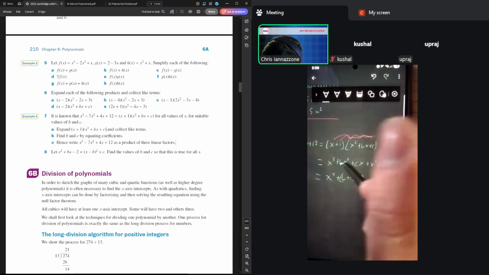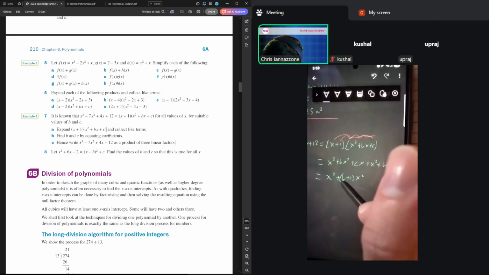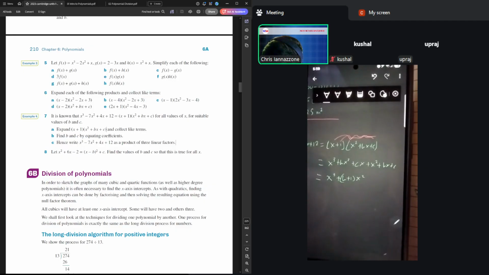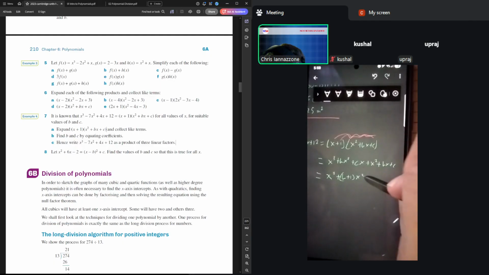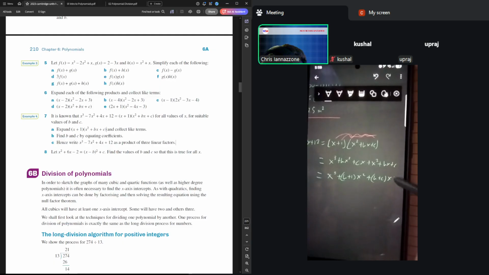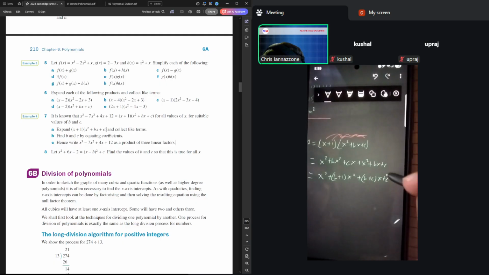You've got the bx squared, you've got the 1x squared, so (b plus 1) x squared. Nice. Then you get (b plus c) times x, and plus c. So we had a cx, a bx, so (c and b) x. And then lastly, the c, that's the constant, no other constant there.